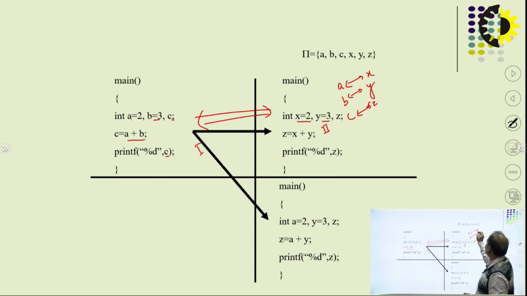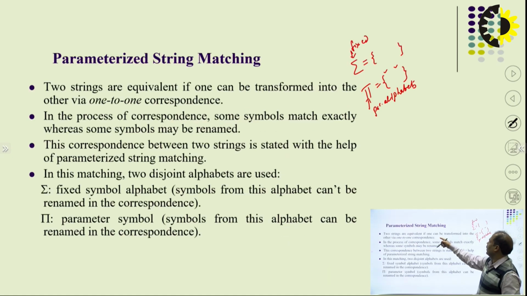So we can say that the parameterized alphabet symbols, like A, B, C, can be renamed with X, Y, Z, while constants cannot be renamed, right? So we can say that two strings are equivalent if one can be transformed into the other via a one-to-one mapping.